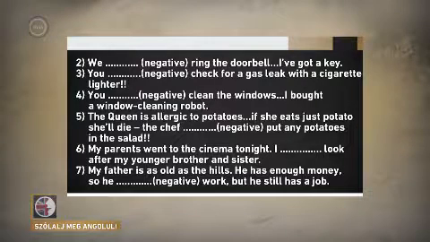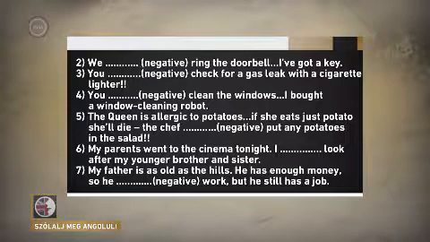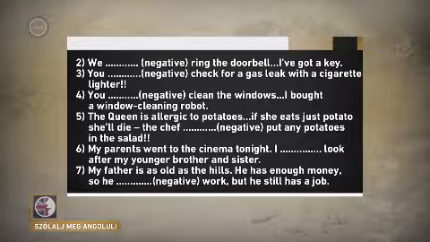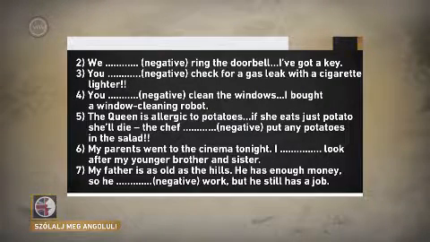2. We, negative, ring the doorbell. I've got a key. 3. You, negative, check for a gas leak with a cigarette lighter. 4. You, negative, clean the windows. I bought a window cleaning robot. 5. The Queen is allergic to potatoes.